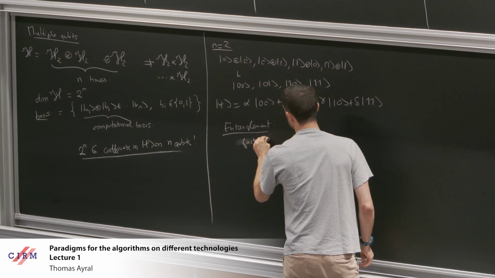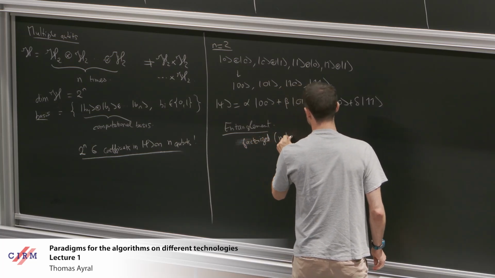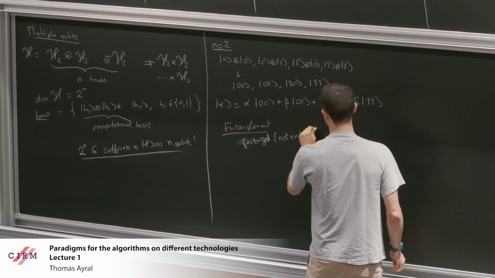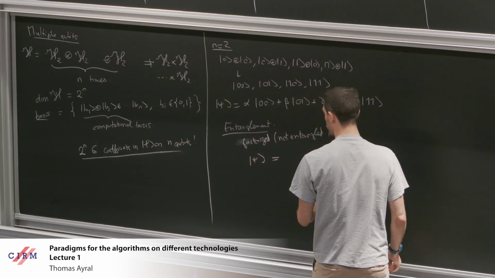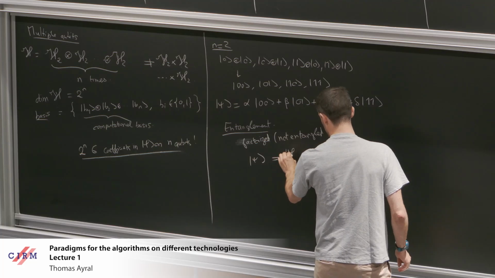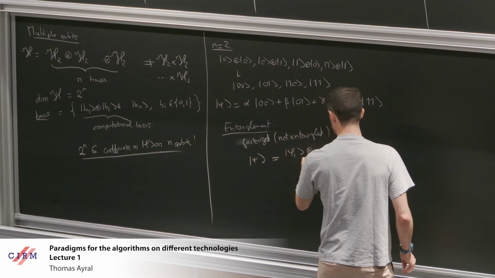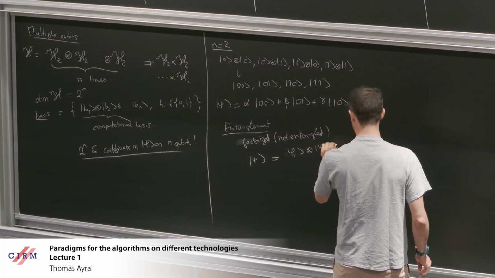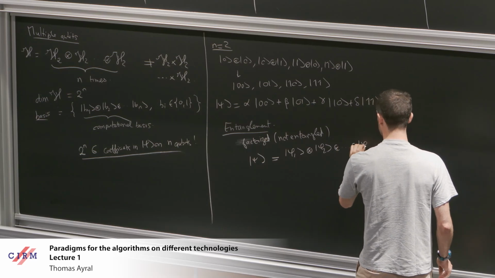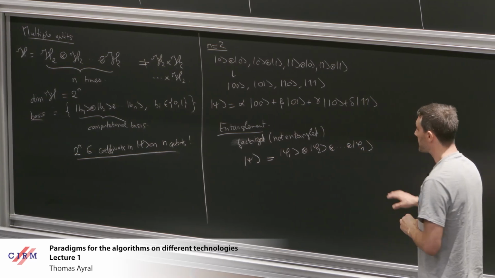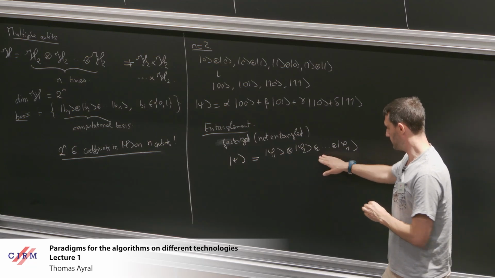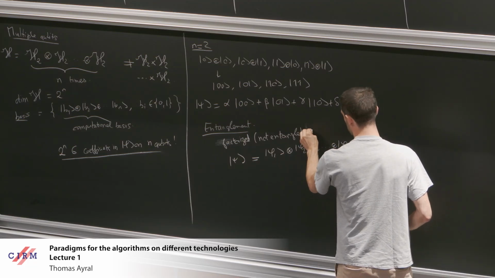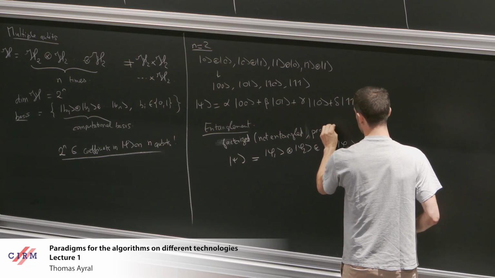So a factorized state, meaning not entangled, is defined as a state that can be written as a tensor product of one qubit states, phi 1 tensor phi 2 tensor phi n. So that would be a factorized state, or also called a product state, or not entangled state.